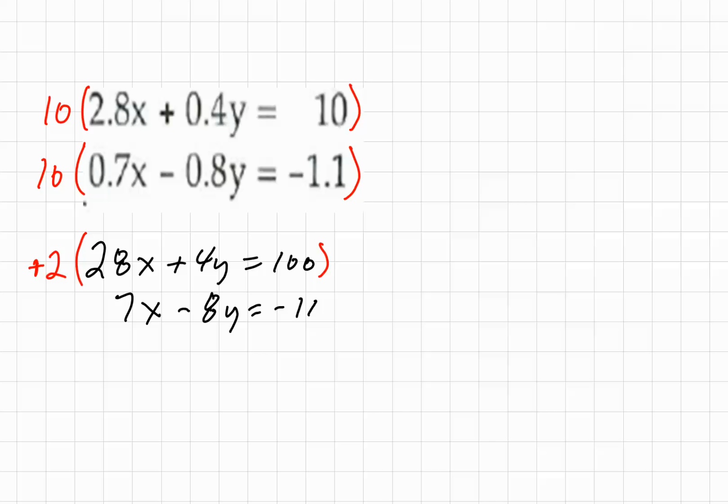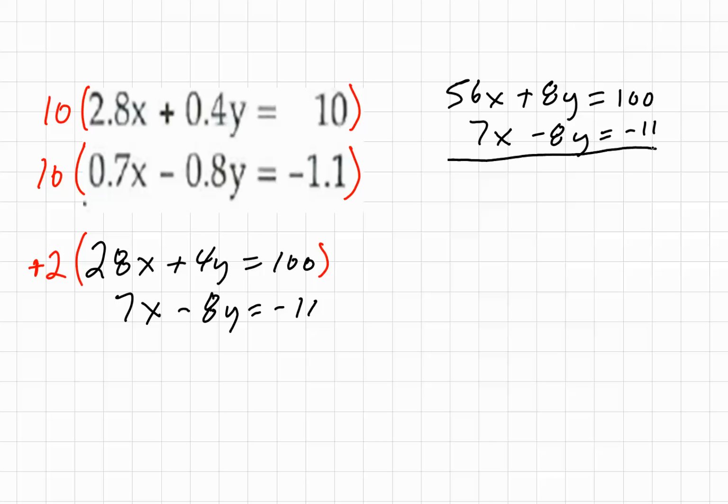Again, the method you use is really up to you. So in this instance, we will get 56x plus 8y equals 100, 7x minus 8y equals -11. The y's go away.